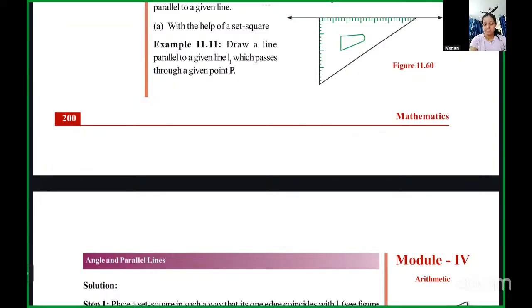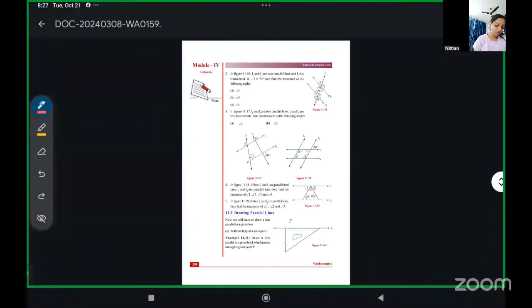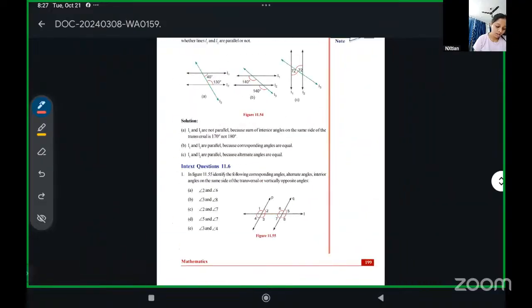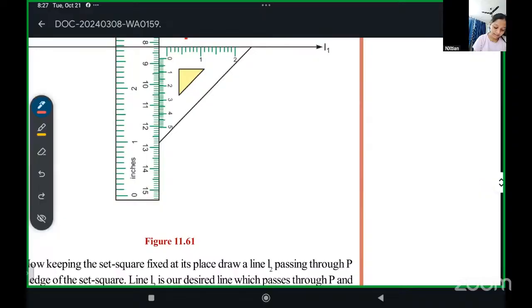Ma'am, can you just show again how to make point P? Yes. Here is your line, suppose.